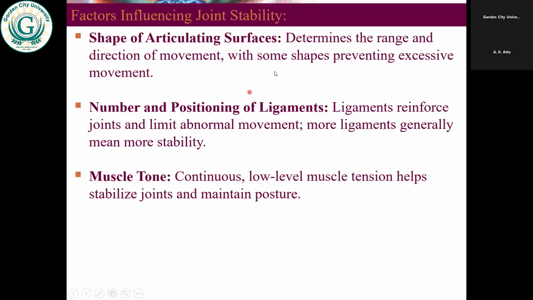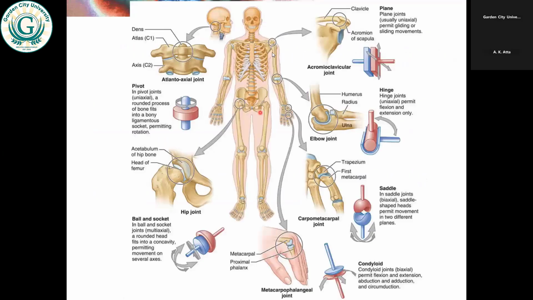A typical example is the shoulder joint. The stability of that joint is actually the muscles. It's not the bones, because the head of the humerus is big but the glenoid cavity is small. So that one doesn't give any stability. The stability is the muscles, the rotator cuff muscles around there.